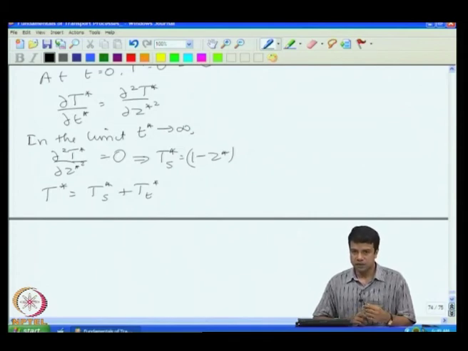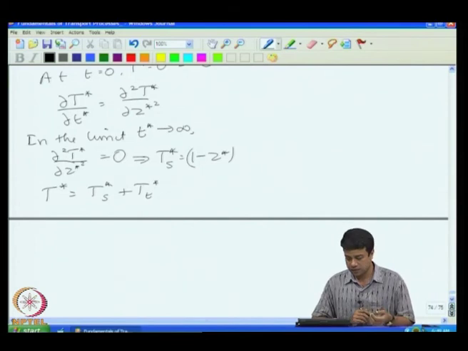Whenever separation of variables problems are solved, it is always necessary to separate the temperature into a steady and a transient part. In the next lecture, when I actually derive the final temperature profiles, I will tell you precisely why it is necessary to separate into a steady and transient part.